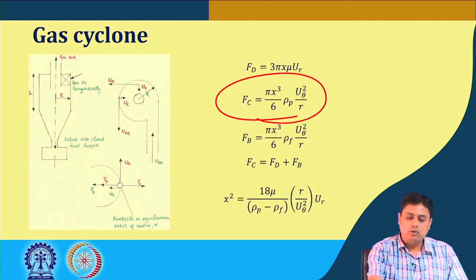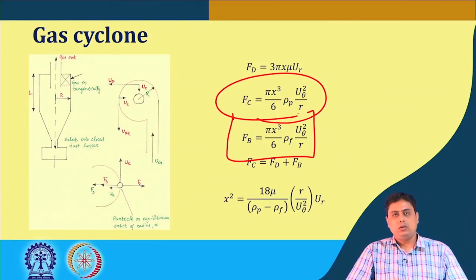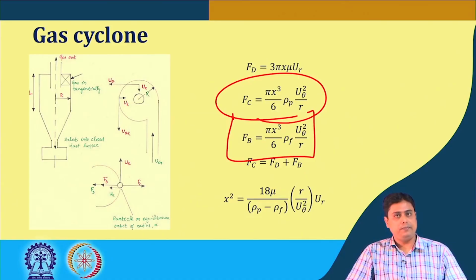Similarly, the buoyancy force Fb is pi x cube by 6 rho f, the density of the fluid, u theta square by r.